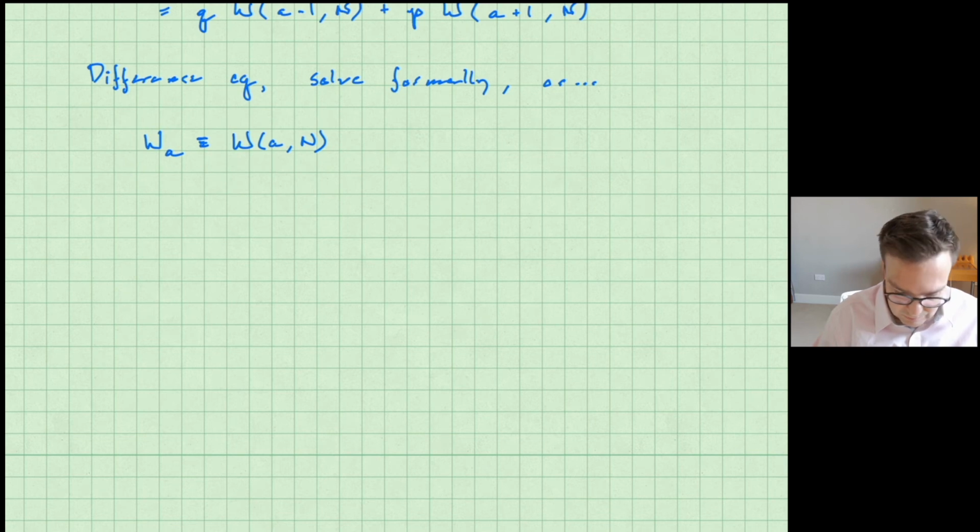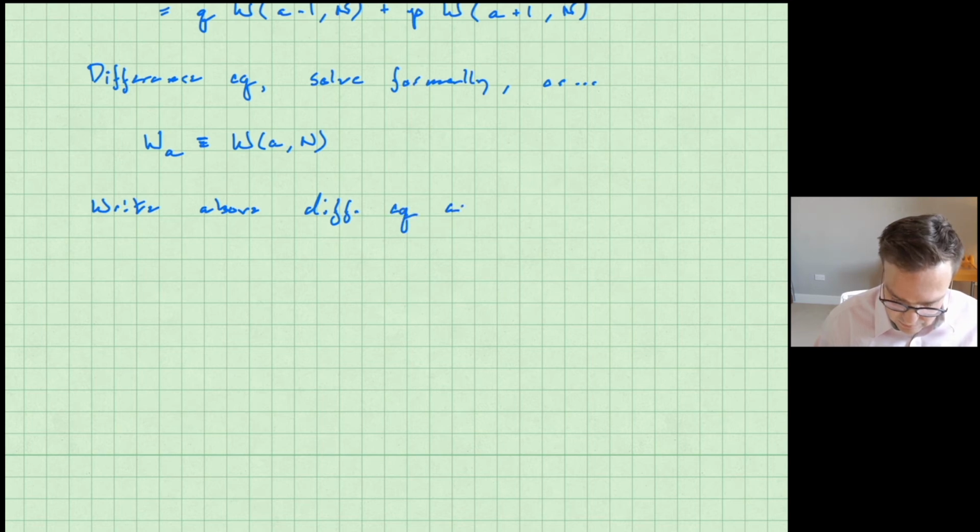All right, and so we can write the above difference equation as follows.